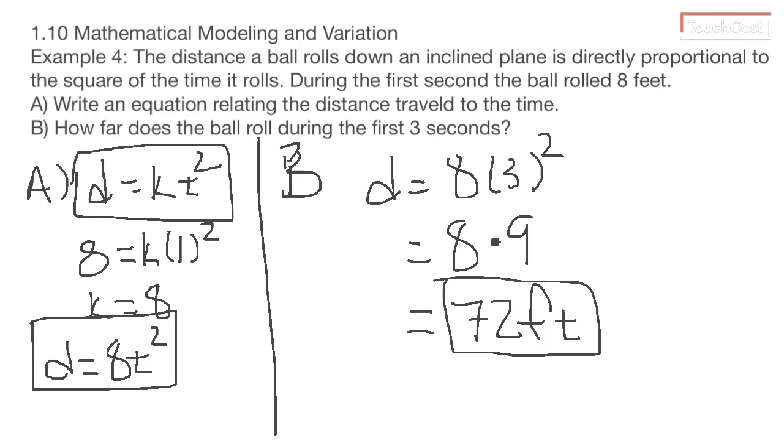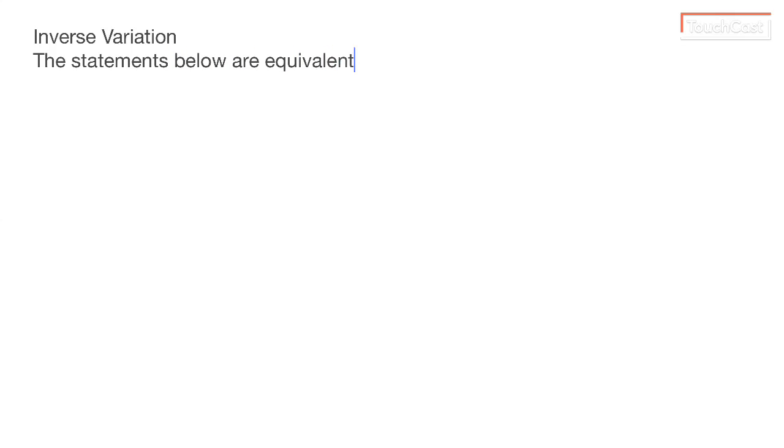Let's look at inverse variations next. So an inverse variation. There are 3 statements that are true. The following statements are all equivalent. First, y varies inversely as x.